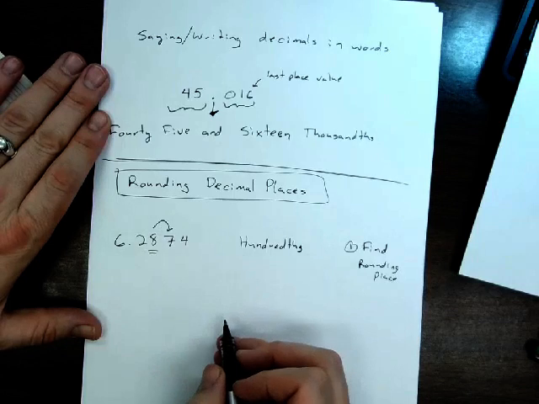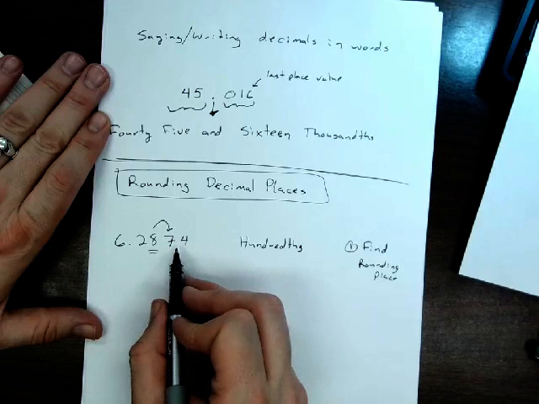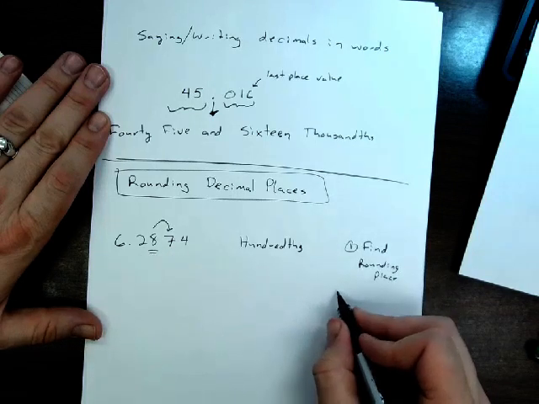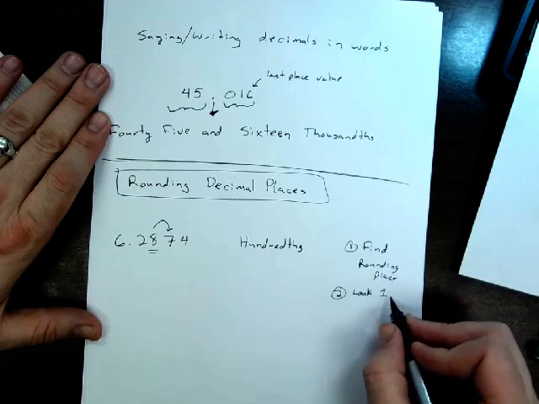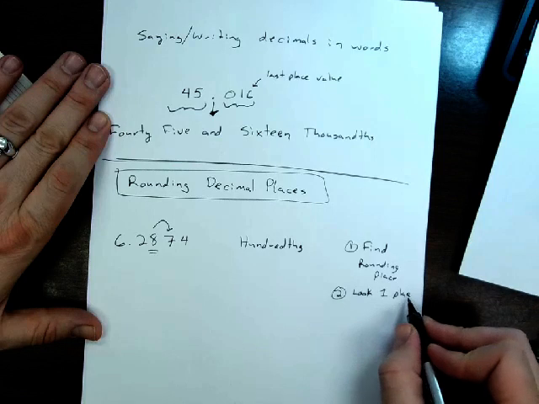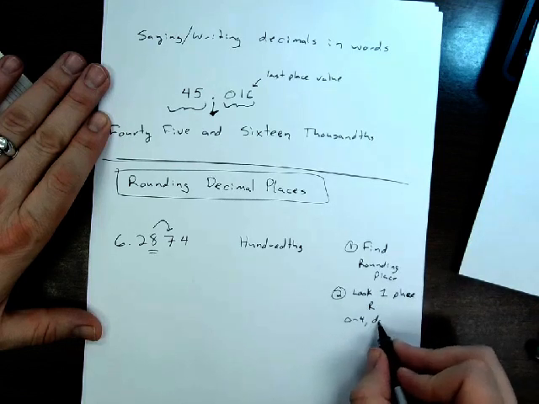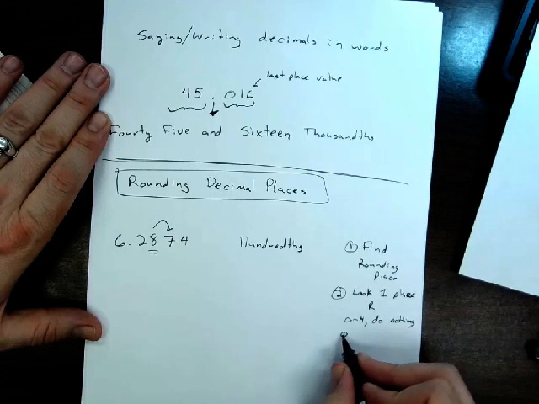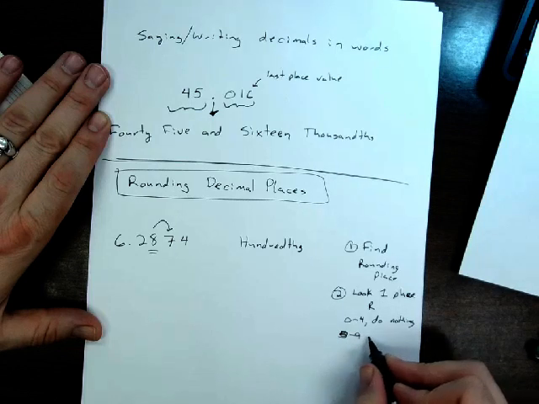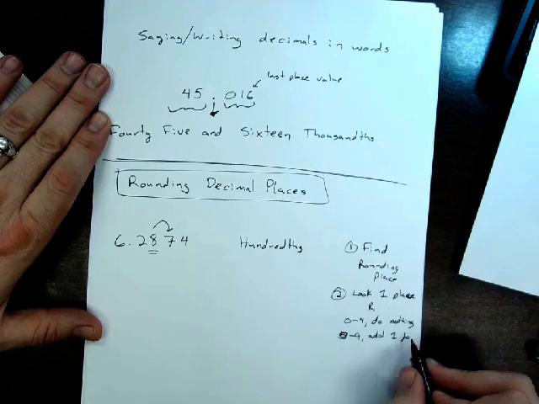I look one place value over. When I see that this place value is 5 or more, I'm going to add 1 to my rounding place. So we look one place to the right. 0 to 4, we do nothing to our rounding place. 5 to 9, we add 1 to the rounding place.